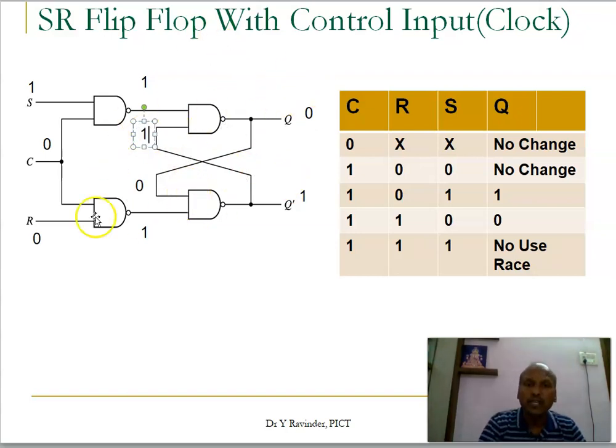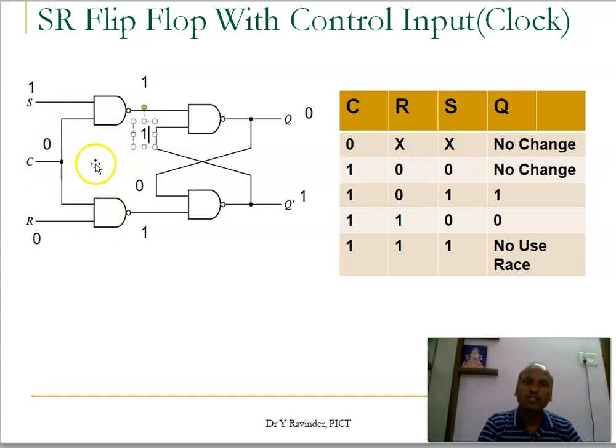What I am trying to say here is, whenever this clock input is 0, this is the 1, 1 condition. When both are 1 and 1, whatever the output was before making this 1, 1 will remain the same, irrespective of what S and R are. Does it make any difference, these two? Because this is anyway 0, one of the inputs is 0 all the time.